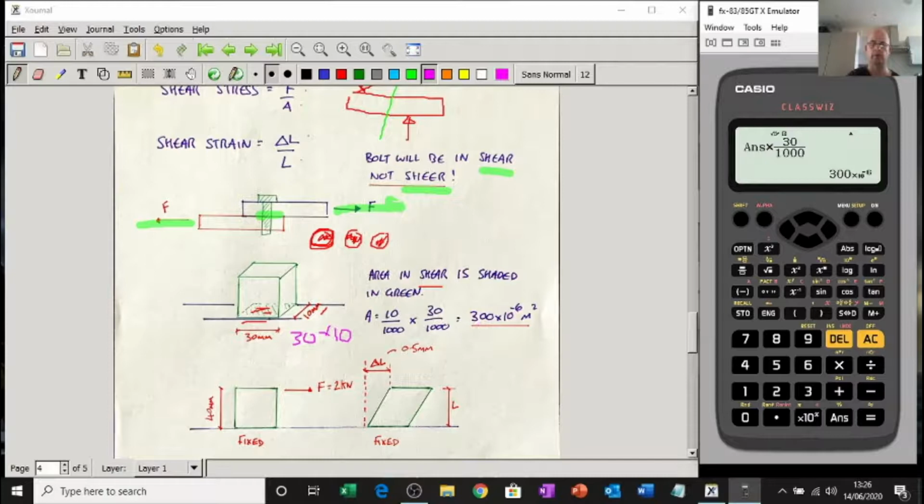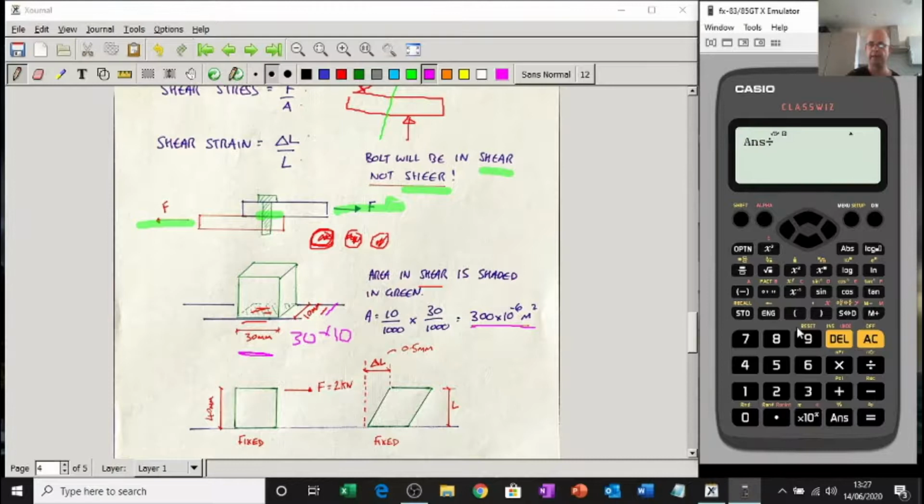300 times 10 to the minus 6. So don't just multiply 30 by 10 and divide that by 1,000. You've got to convert the lengths into meters first, and then you'll be fine. You can do it this way: 30 millimeters times 10 millimeters gives you 300, and because we've got 1,000 and 1,000, 1,000 times 1,000 is a million.